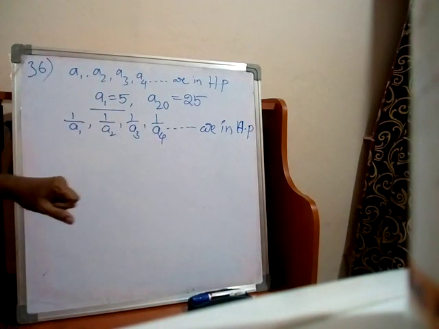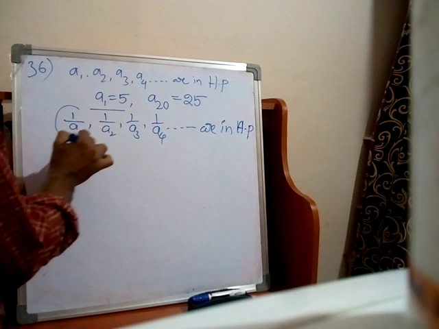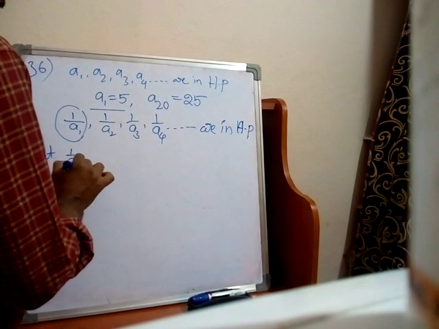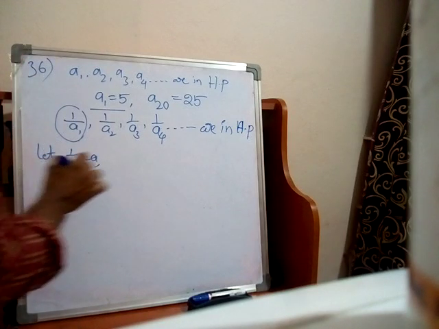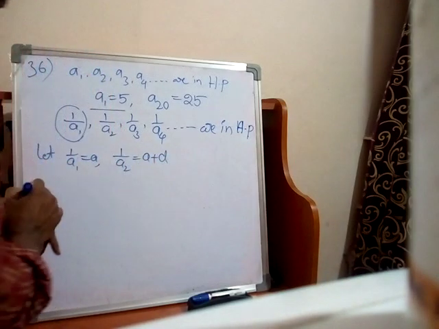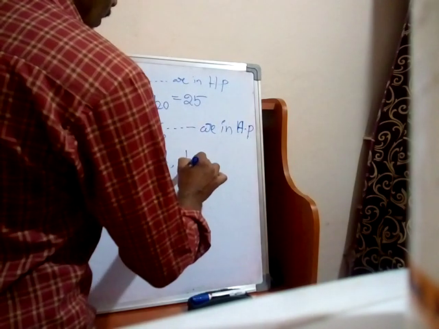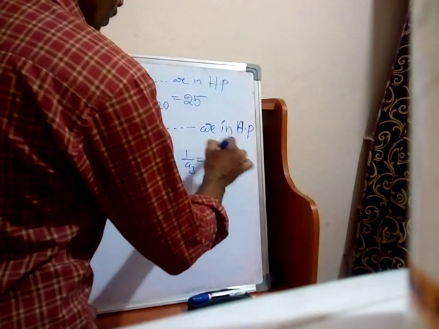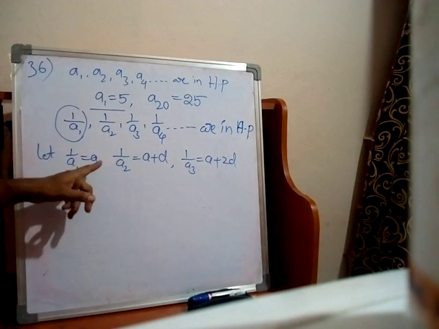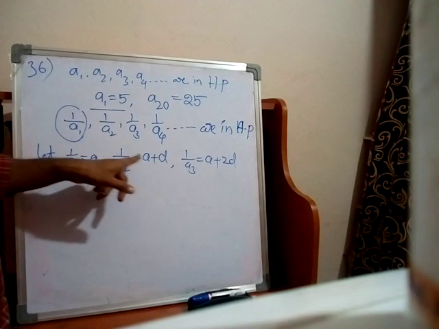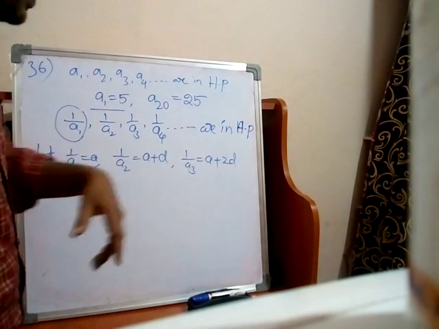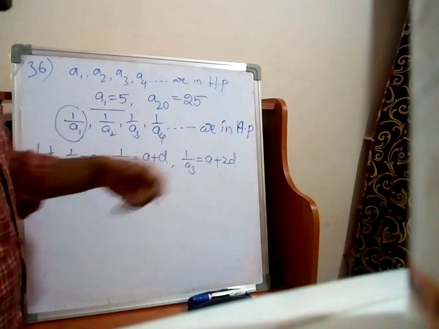Let the first term, 1 by a1, be equal to a. 1 by a2 is equal to a plus d. 1 by a3 is equal to a plus 2d, like this. In an AP, the first term is generally denoted with a, the second term is a plus d, the third term a plus 2d, the fourth term a plus 3d, the 20th term a plus 19d, like that.